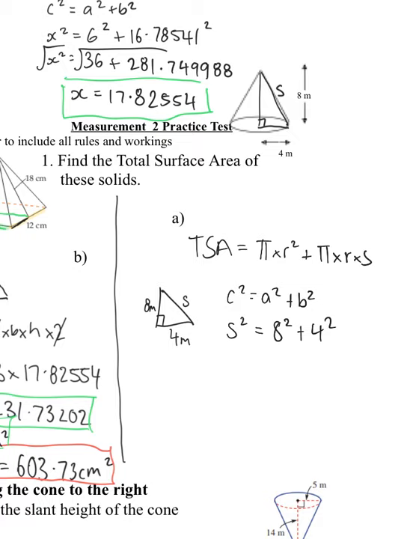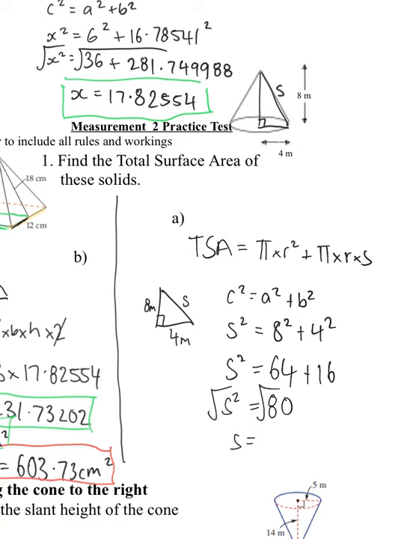You've probably done so much Pythag that you're sick of it. 8 squared, 8 8s are 64, plus 4 4s are 16. Add 64 and 16 is 80, which is s squared.